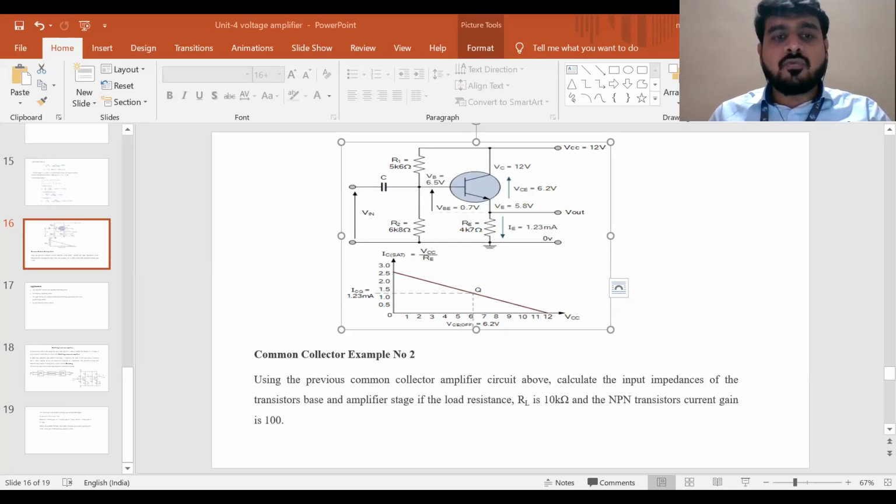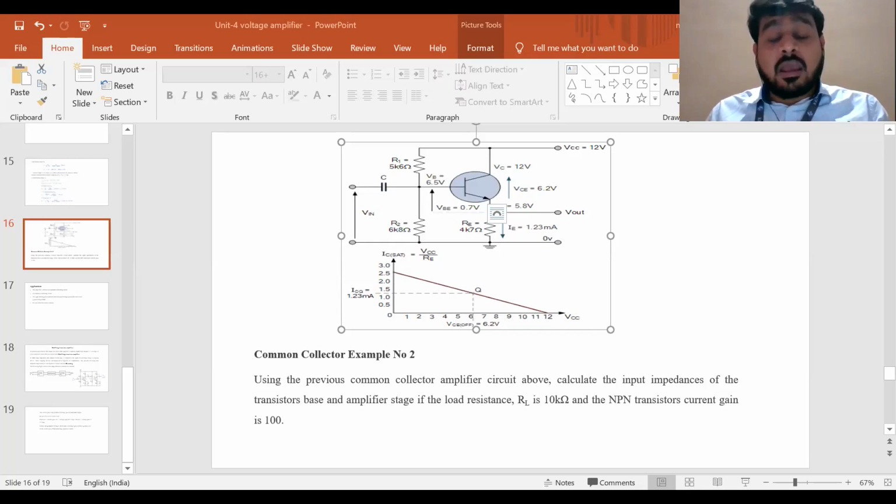Clear? So my input impedance can be called R bias in parallel with the base impedance. How do you find the base impedance? The base impedance formula, write down Z base, is equal to beta into RE plus RE dash. So beta times the emitter resistance, capital RE, plus the AC internal emitter resistance, small re dash.